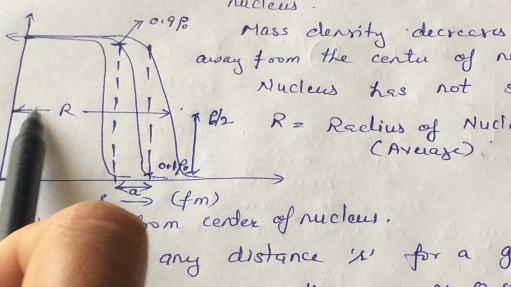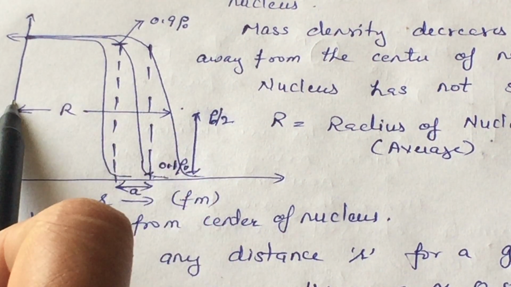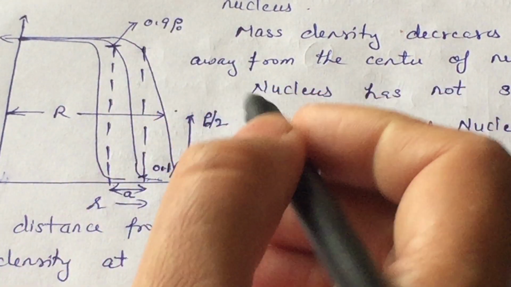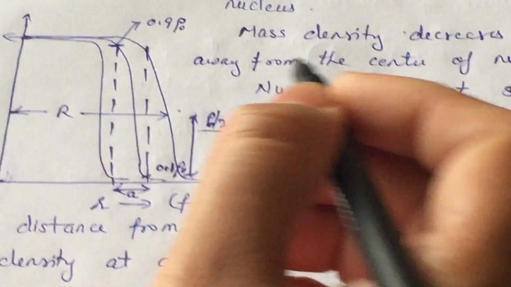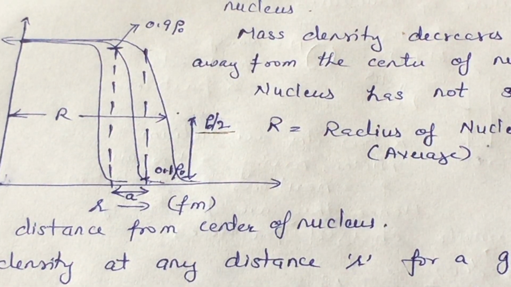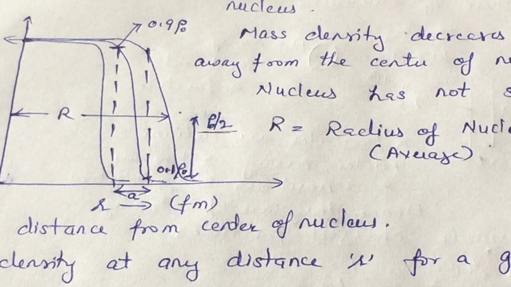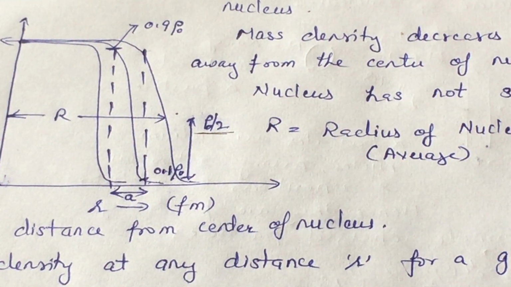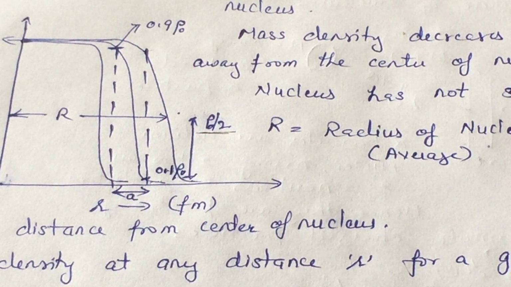This is the distance from the center of the nucleus where the mass density becomes half of its maximum value. So in this way we define the range of the nucleus. The radius of the nucleus is the distance from the center of the nucleus where the mass density becomes half of its maximum value.